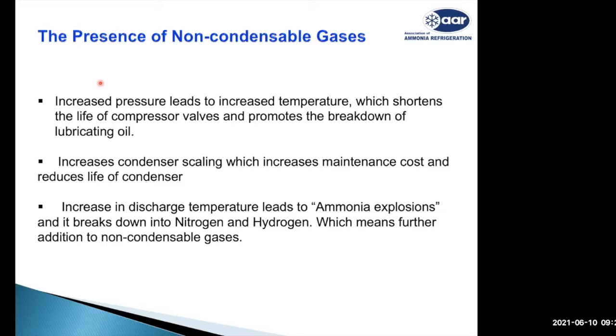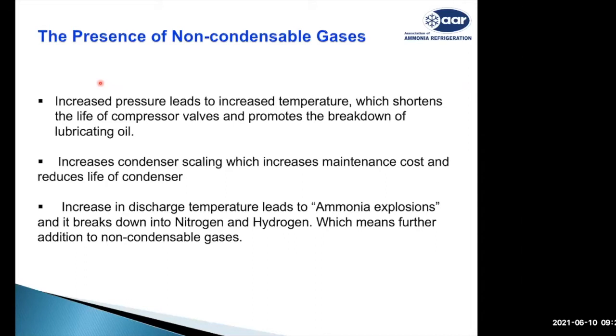How is that ammonia formed? It is possible that due to the increase in temperatures, ammonia breaks down into two parts, and at higher temperatures it is more prone to irreversibly break down into nitrogen and hydrogen. This happens particularly with reciprocating compressors because they operate at higher temperatures.